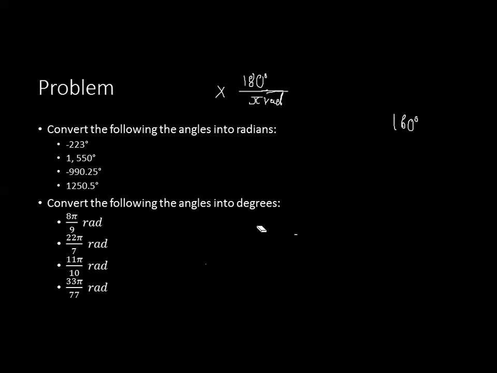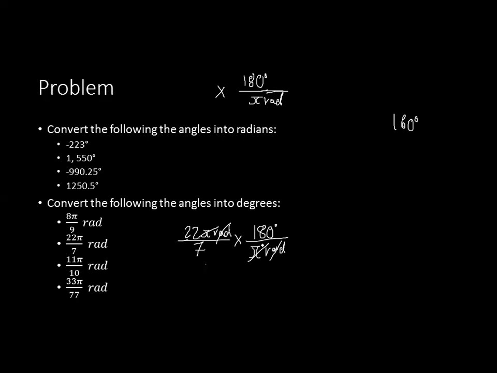Next, we have 22 pi all over 7 radians. We're going to use this one as well: 22 pi all over 7 times 180 degrees all over pi radians. Cancel out the radians and cancel out the pi's. I'm not sure if 180 is divisible by 7, and I doubt that it will be.